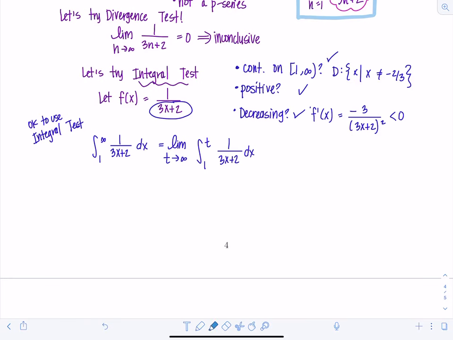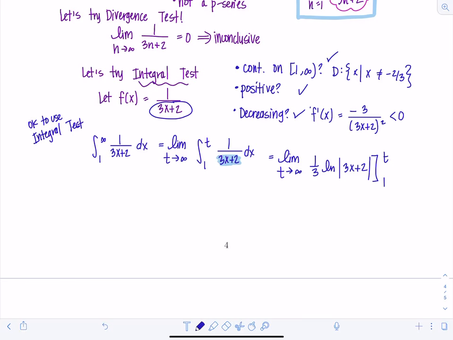If I were to let this denominator equal u, then du would have a 3 dx attached to it. So I would have to divide by 3 or multiply by a 1/3. So just add the 1/3 here and anti-differentiate appropriately. So we're going to have the limit as t approaches infinity of 1/3 times the natural log of the absolute value of 3x plus 2 evaluated from 1 to t.